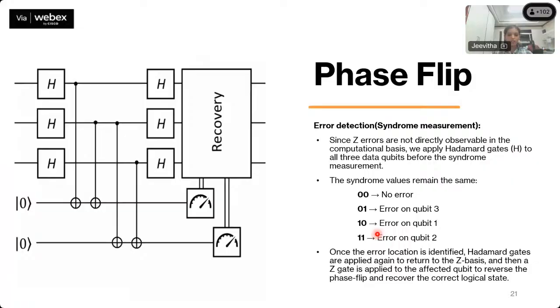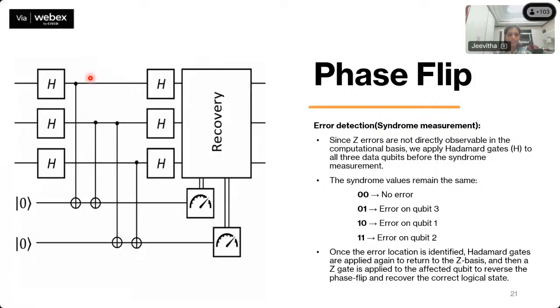Next, we do the recovery. In the recovery operation, the syndrome measurement is the same as what we saw in the bit flip. But before the syndrome measurement, we are applying the Hadamard gate. Just remember that when we did the encoding, it was in the plus and minus basis, right?